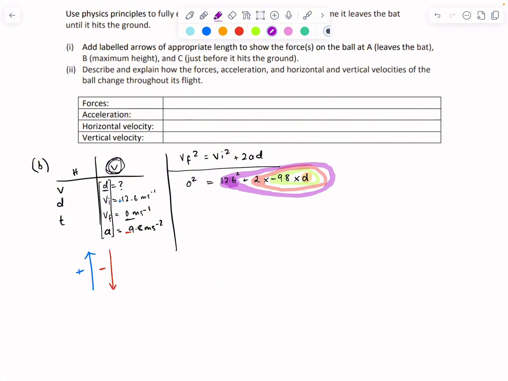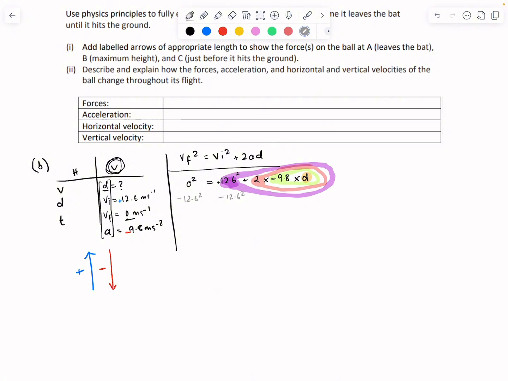So currently we've got a plus 12.6 squared. To get rid of plus 12.6 squared, we need to minus it from this side. That means we need to minus it from this side of the equal sign as well.